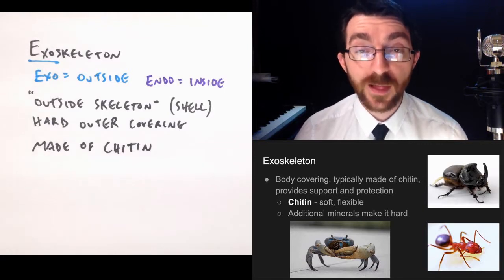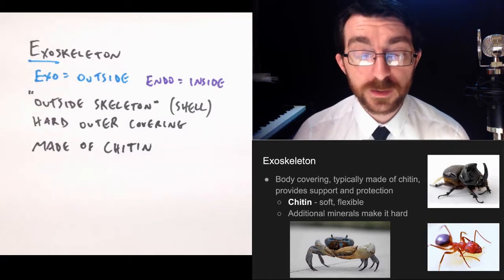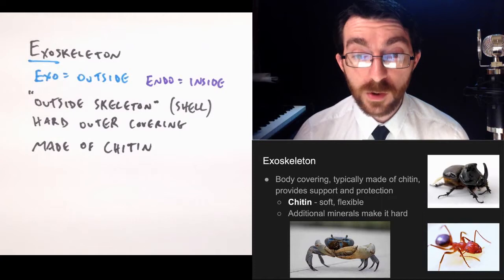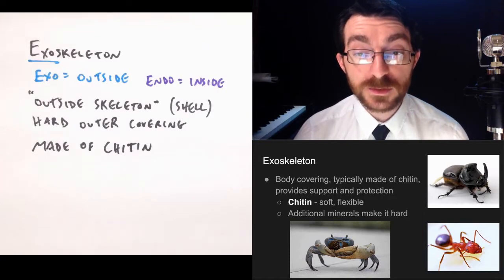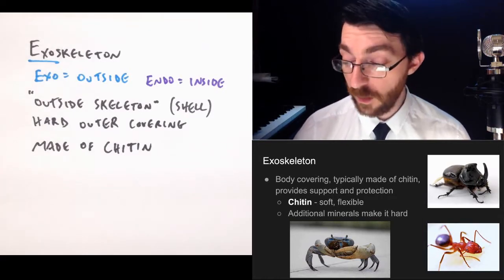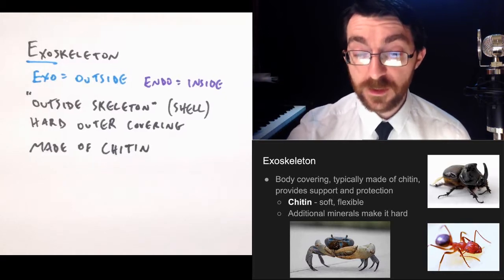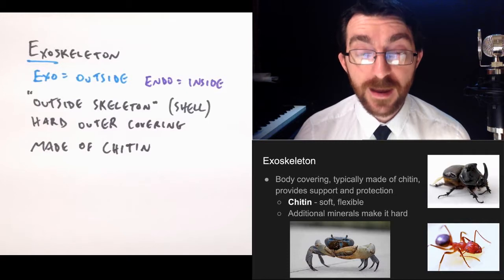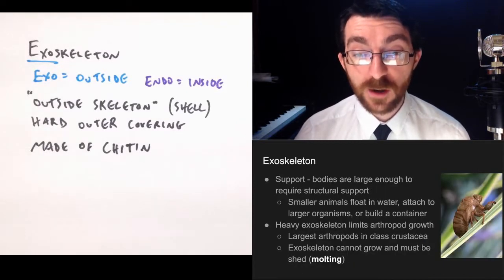It is soft and flexible, so it's not quite like bone. It's maybe more like cartilage, but the comparison only gets you so far. You can add minerals to make it hard. And all of the creatures on the screen there, crab, beetle, ant, they all have exoskeletons made out of chitin. All right, so that's one feature of arthropods.